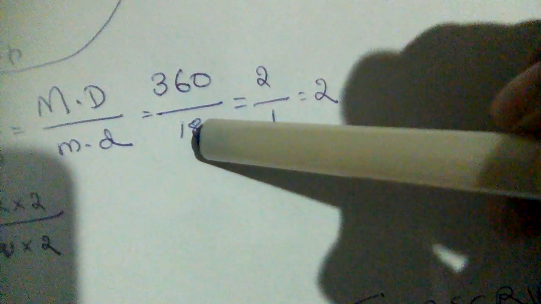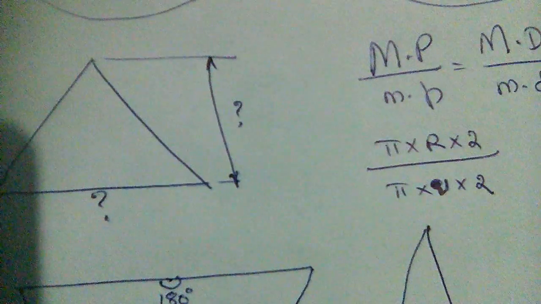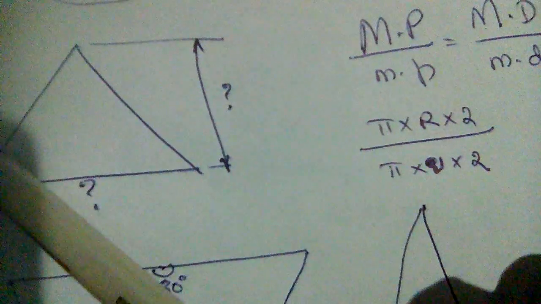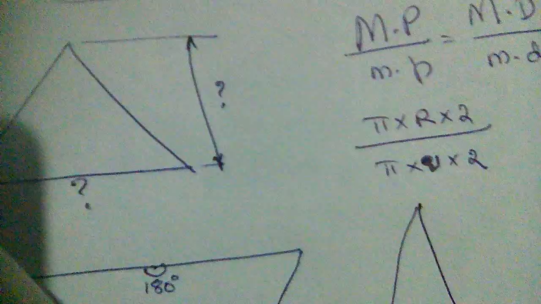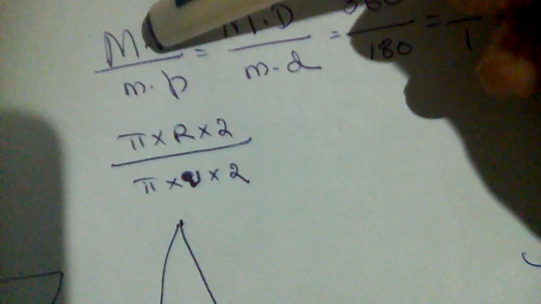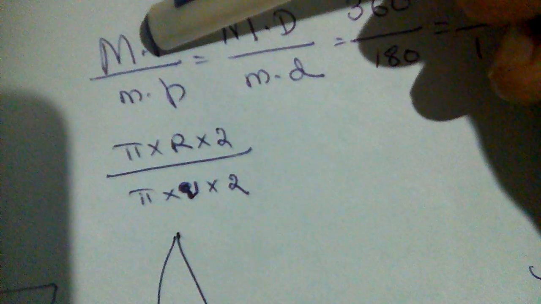So when we make a cone, for making the cone we will use one formula, major perimeter divided by minor perimeter. For finding out the major perimeter, we use pi d. Instead of pi d, please use pi into r into 2.